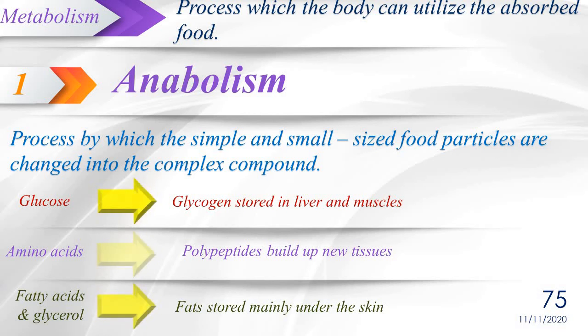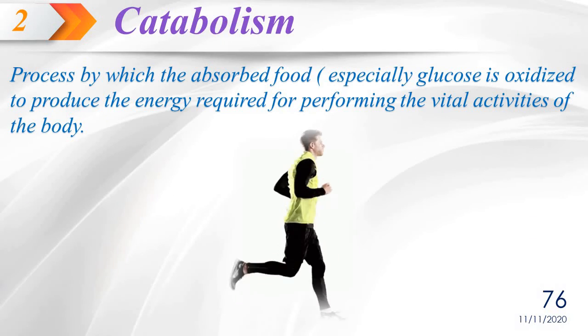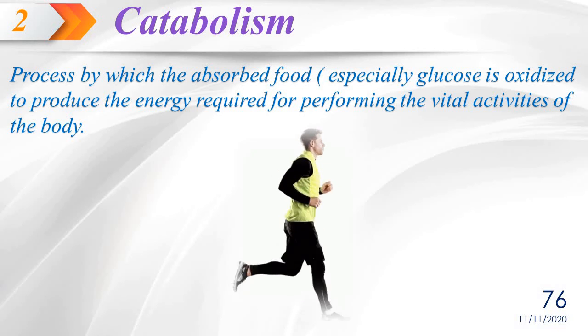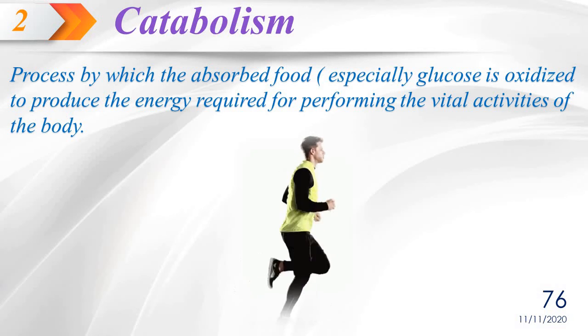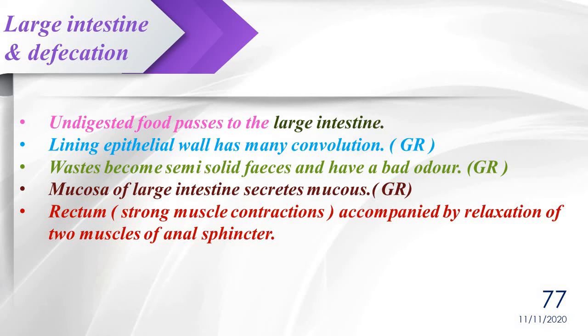Amino acids polymerize to form polypeptides to build your tissue. Fatty acids and cholesterol are polymerized to form fats under the skin. This is called anabolism. Catabolism is the process of breaking down these macromolecules into small ones to produce energy to do all vital activities.